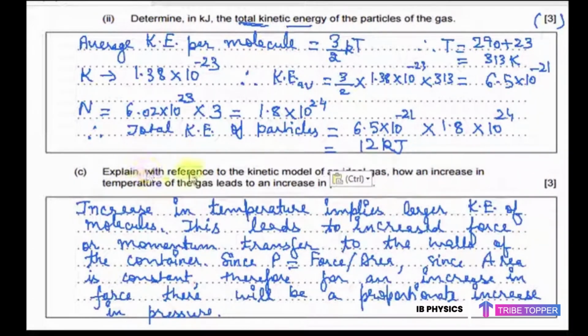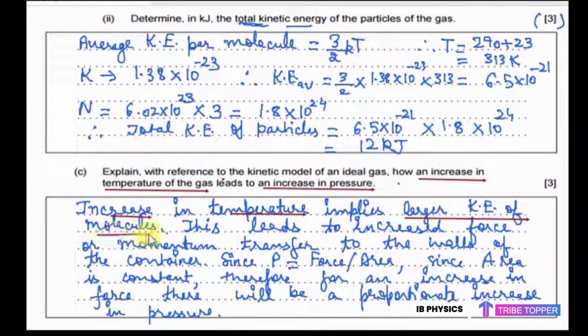And the last part of this question says explain with reference to the kinetic model of an ideal gas, how an increase in temperature of the gas leads to an increase in pressure. Now we know that an increase in temperature implies larger kinetic energy of molecules.